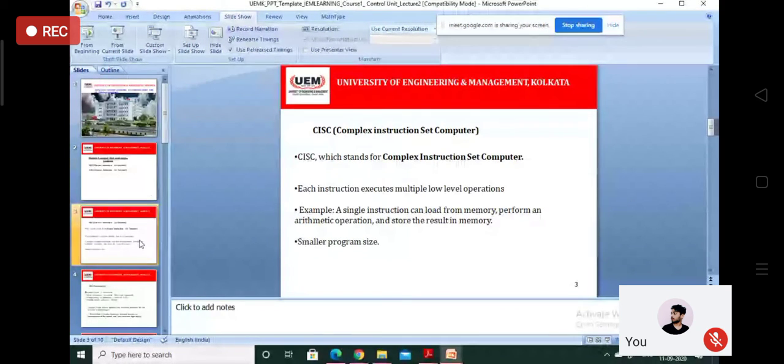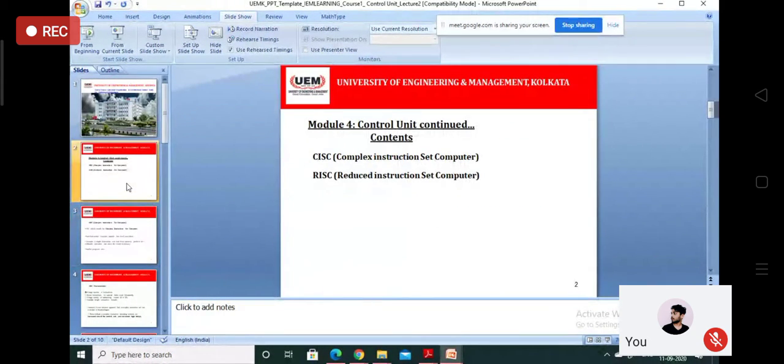Okay, so this is the thing. In a nutshell, RISC is basically the reduced instruction set computer. Reduced instruction set means it is quite less complex, and the first one was CISC, the complex instruction set computer. CISC has the ability to execute addressing modes or multiple steps of operation within one instruction.